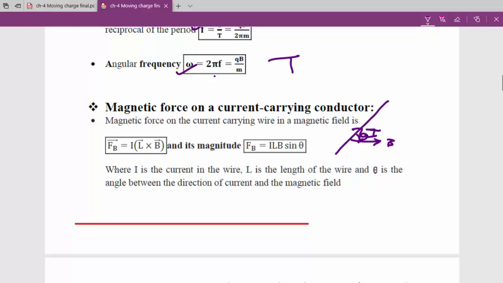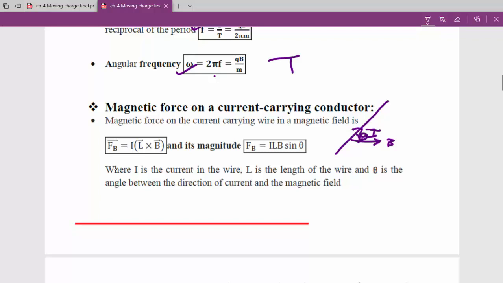It is also written vectorially as F vector equal to I into L cross B, where L and B are vectors. I is the current in the wire, L is the length of the wire, and theta is the angle between the direction of current and B, as indicated in the diagram. This is the formula for the magnetic force on a current carrying conductor placed in a magnetic field.